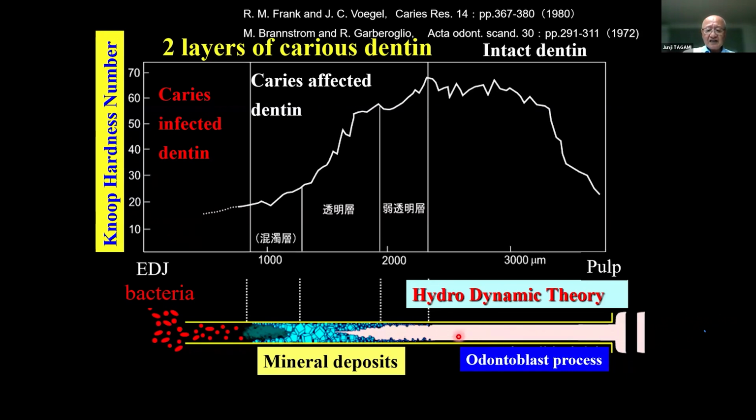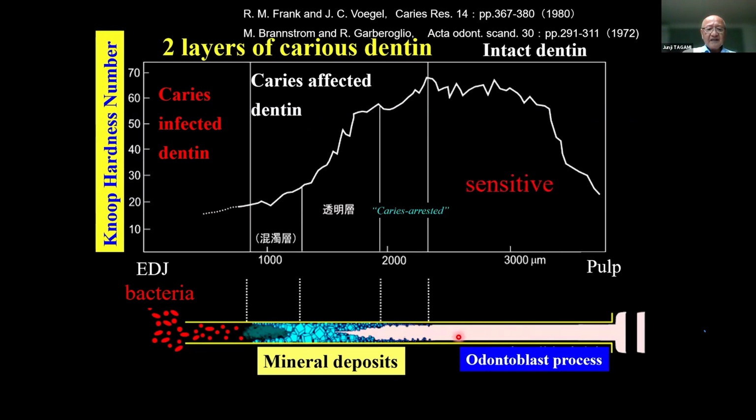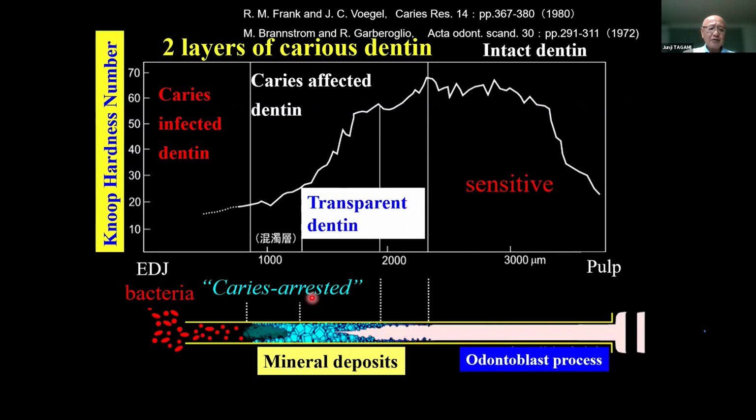However, in the case of cutting at this part, the movement of the fluid does not occur. So the patient does not feel the sensitivity when we cut this part because of the presence of the transparent dentin here.